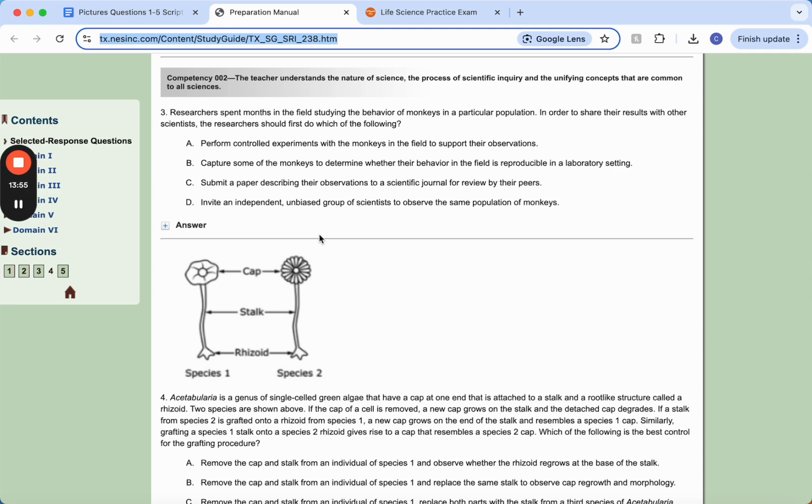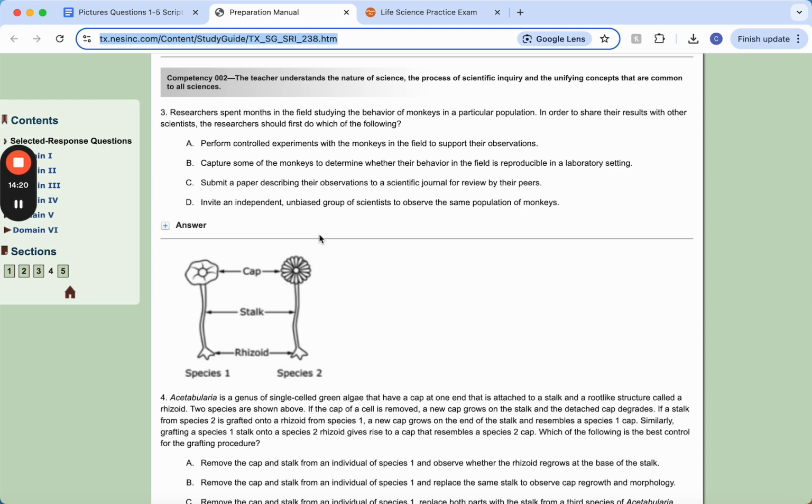So let's go through these wrong answers first. A is incorrect because when observing animals, it's best to do it in their natural environment, which is in effect something we can't control. We do our best, but it's not going to be perfect. So the idea of it being controlled is not very possible when we're studying in the field.